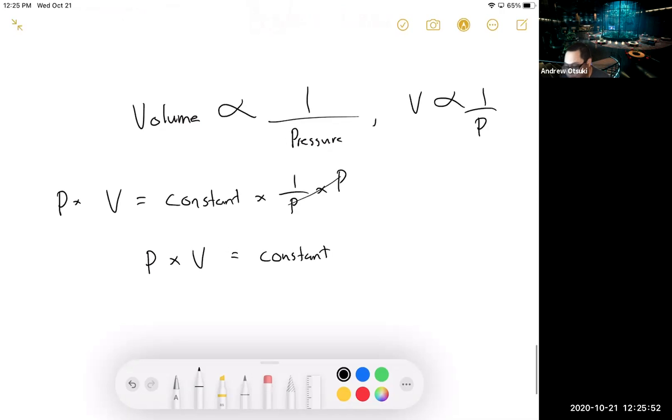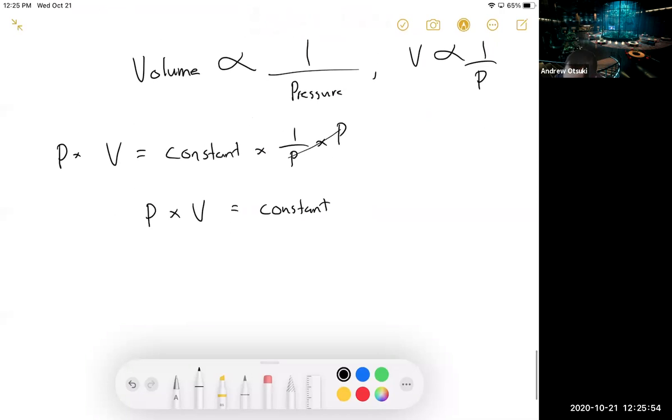So then, like we did before, we said P1 times V1 equals constant, and we can also have another set of conditions where P2 times V2 is also constant. So another way of looking at constant means that it's this one number, and that P2 times V2 is also one number. So we can set these two equal to each other because these two equalities must be equal to each other.